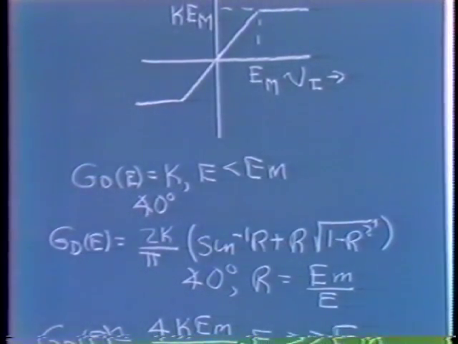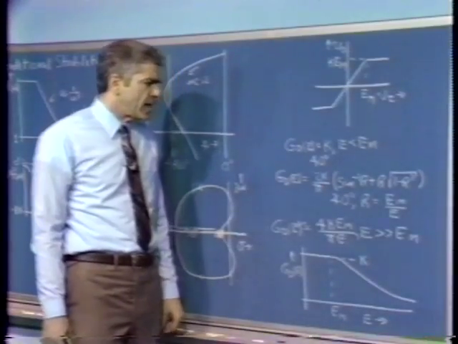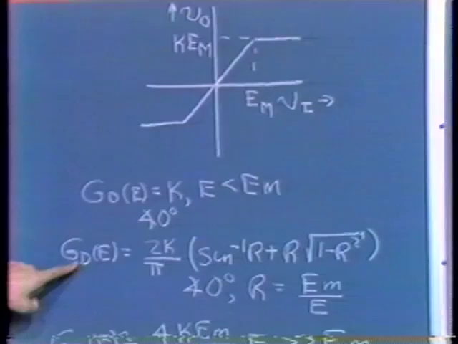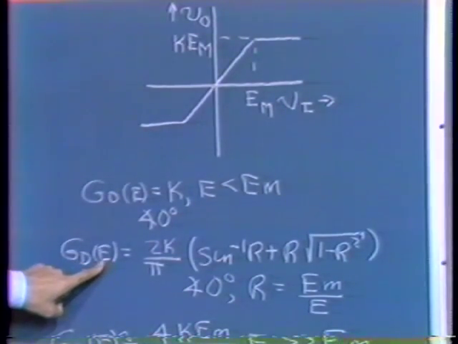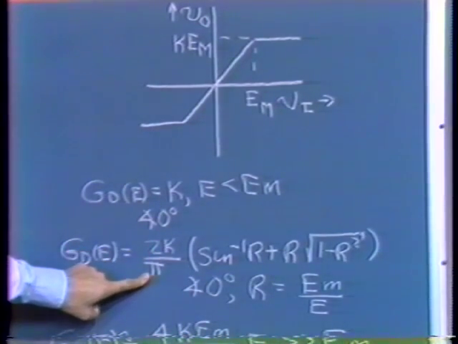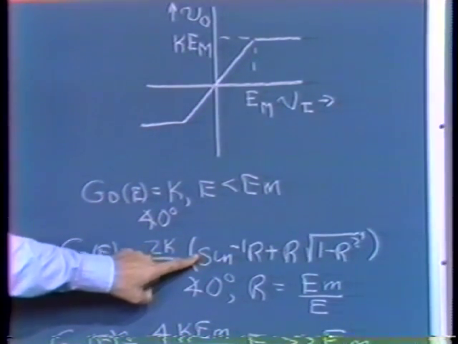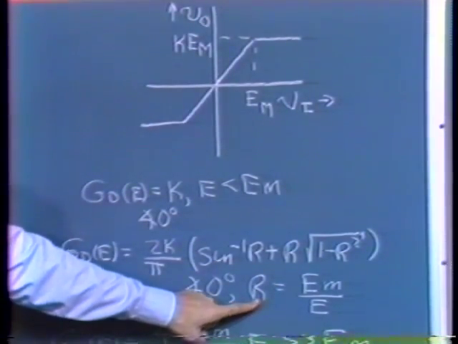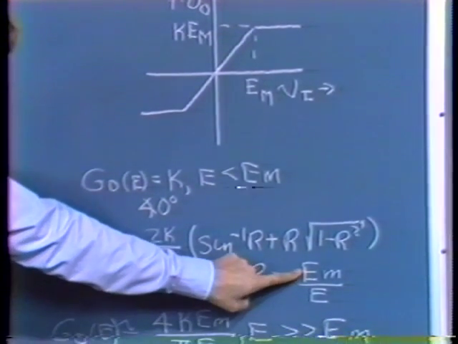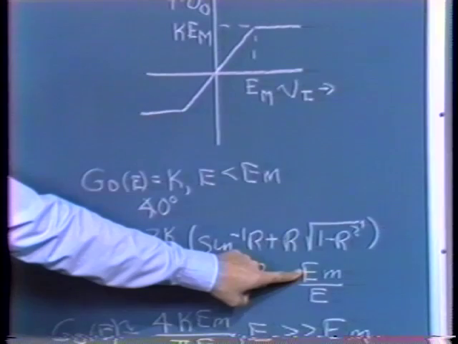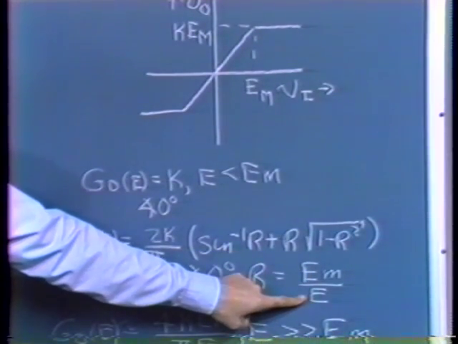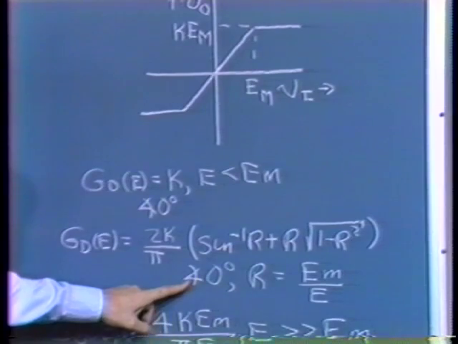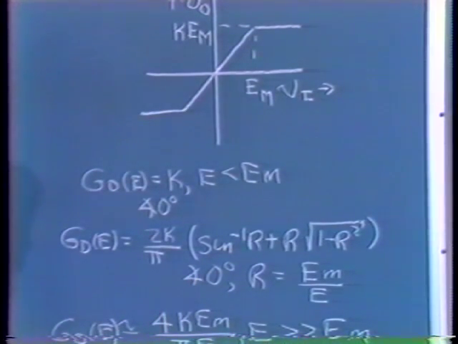I go through the derivation of that describing function in the book, and if we go through that, we find out that the expression is that the describing function as a function of amplitude is simply 2 times k over pi times the arc sine of r plus r times the square root of 1 minus r squared, where we've defined r as the ratio E sub m, the saturating magnitude on the input axis, divided by the amplitude of our test signal. Once again, the fundamental component of the output is in phase with the test signal, so the angle associated with our describing function is 0.